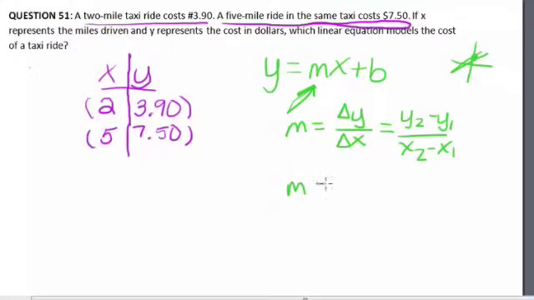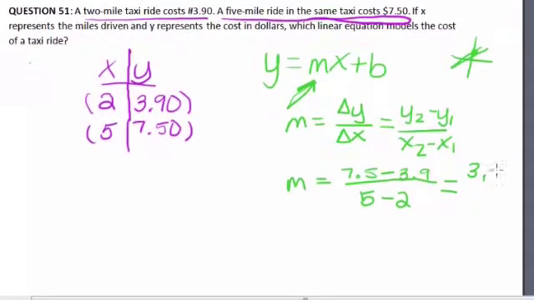So in this case, let's call these the second ones and these are the first ones. So y2 is 750. I'm going to abbreviate that 7.5, take the 0 off, minus 390, or 3.9, divided by 5 from over here in the chart, the x values, minus 2. 7.5 minus 3.9 is 3.6.